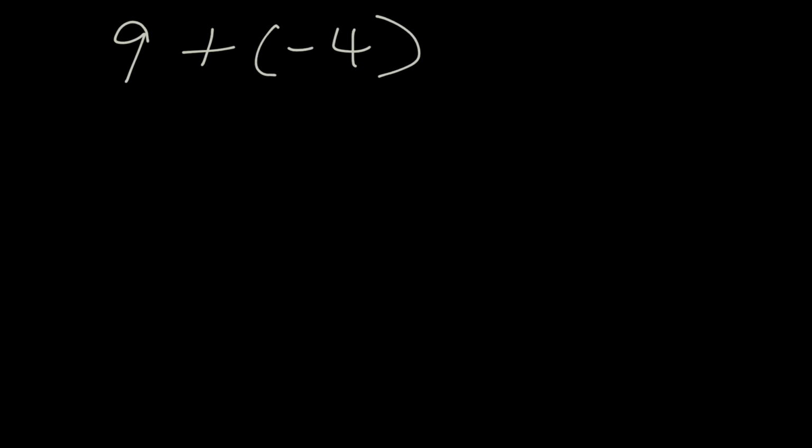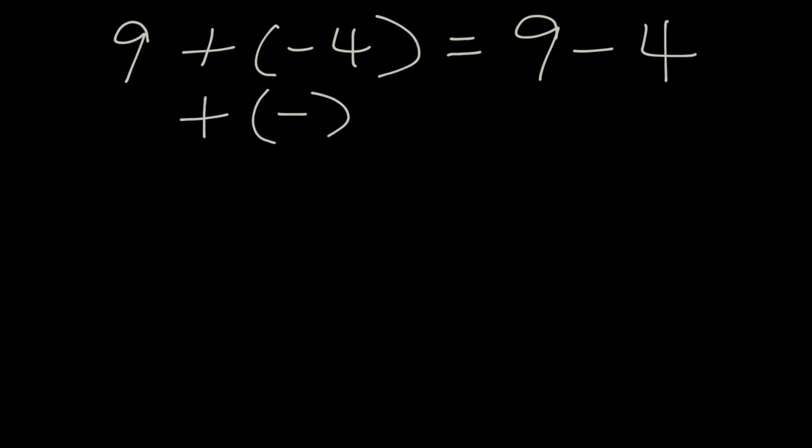Here's another example. 9 plus negative 4. When we see a question like this, 9 plus negative 4 equals 9 minus 4, because when you have a plus times a minus, it equals minus. And so that's why the minus was applied here.